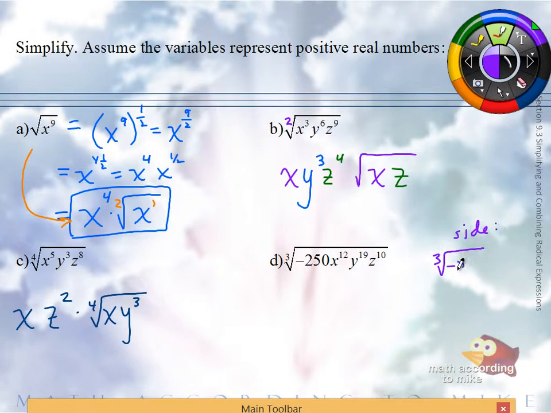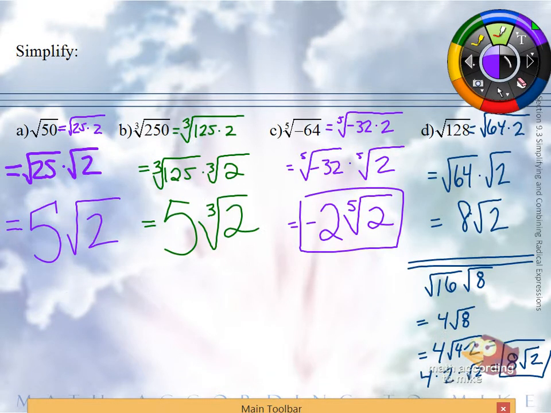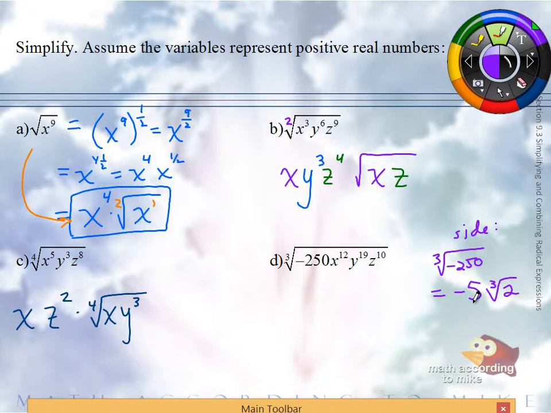The cube root of negative 250, based on our previous work, ends up as negative 5 cube root of 2. And the previous work was what we did before. This was positive 250. So negative 250 has a negative in front, which we can do because it's an odd index. So negative 5 is on the outside. And for our radical, the 2 goes on the inside.